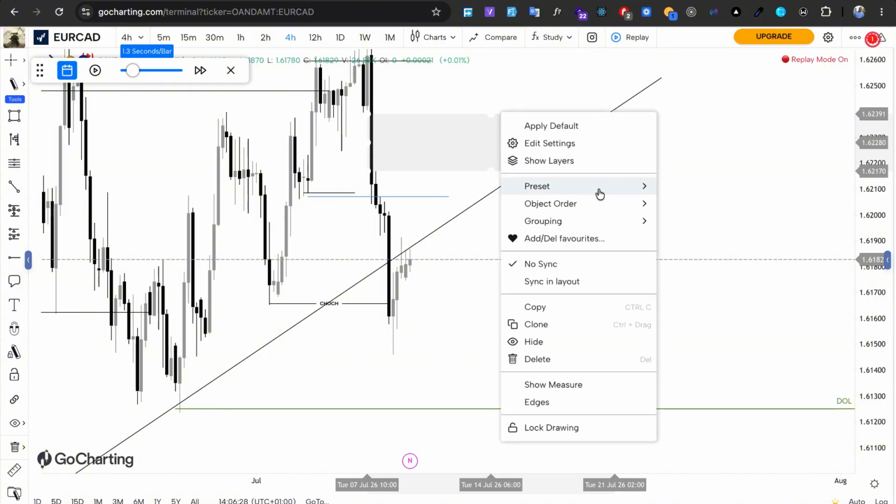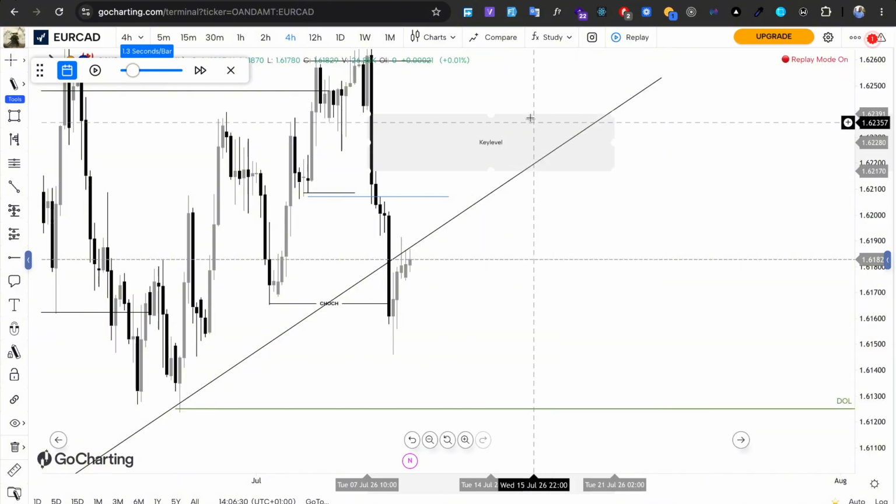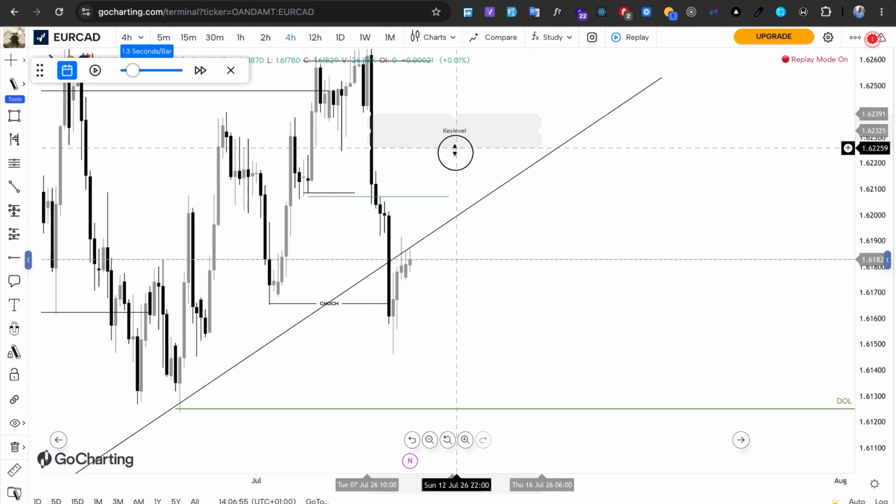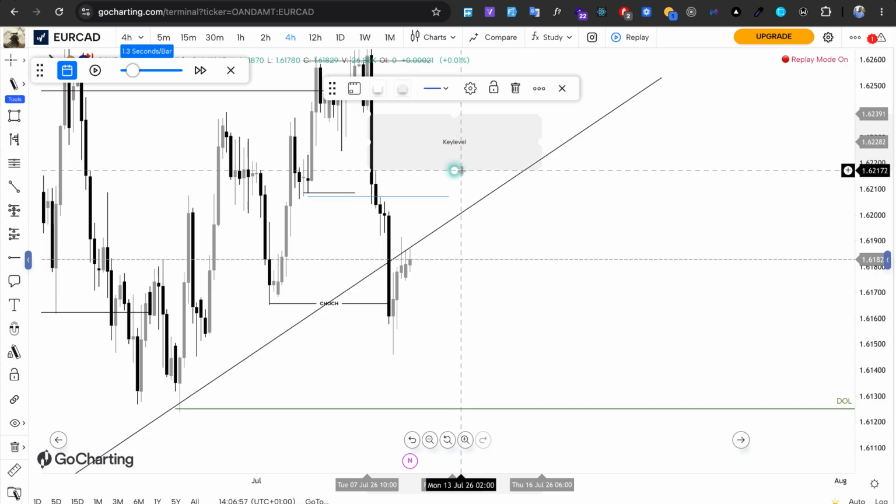So I'm expecting price to get into this key level, and when price gets into this key level, I will not take a trade without confirmation. I don't set limits, so I have to wait for my confirmation entry model that I talked about.